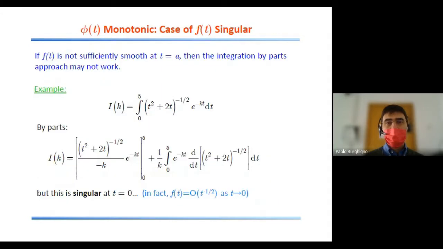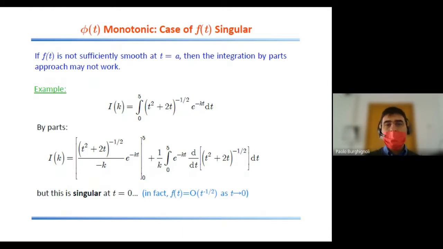Now, there are occasions in which this procedure fails, because f can be not sufficiently smooth at the dominant endpoint, in this case the left endpoint. Consider the integral from 0 to 5, which is of course a completely arbitrary upper integration limit, it does not matter, of this function times the Laplace exponential.